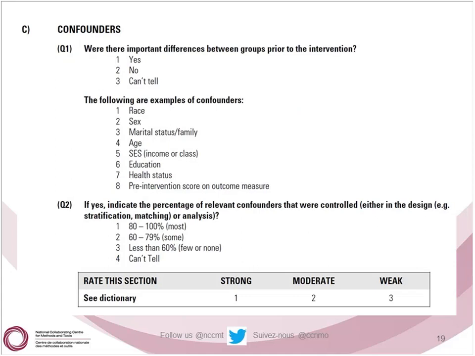If they had controlled for it in the analyses, that there is an unbalance between the groups, then we would give them a strong. If they used the RCT or randomized control block, but they recognized the groups were unbalanced and then did not control for that in the analysis, that would likely end up being moderate.